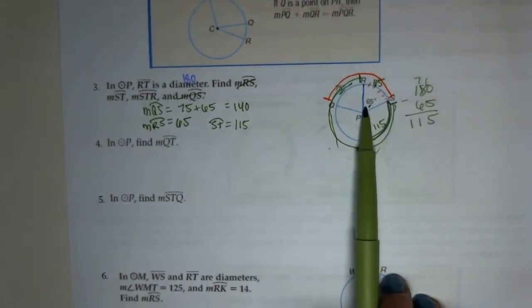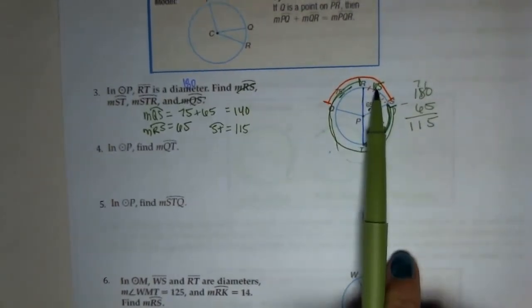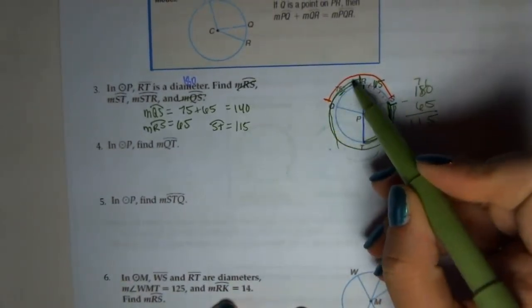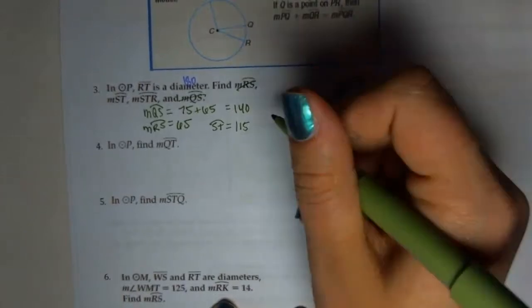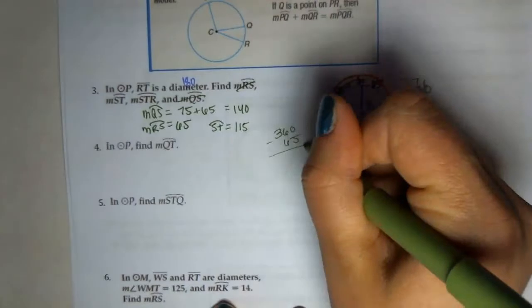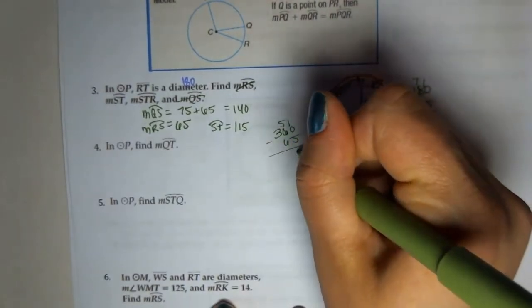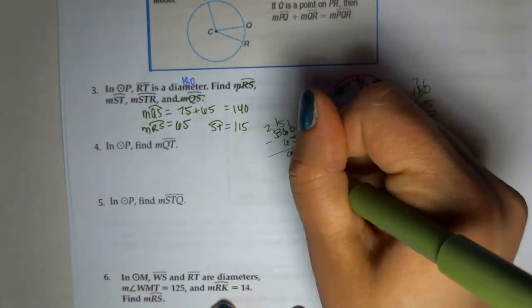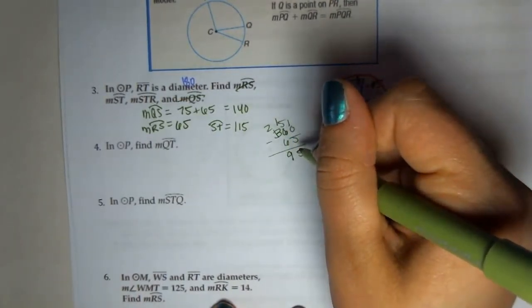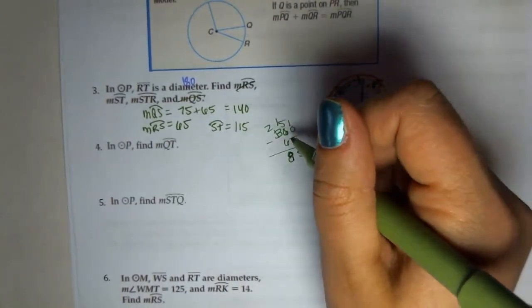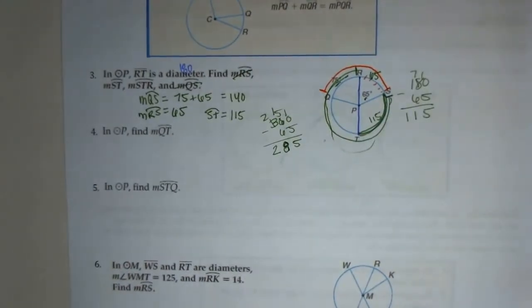If I know the central angle is 65, so the arc is 65, I can subtract 65 from 360 to get my major arc. See that? So I can do 360 minus 65. I'm going to double check that. 360 minus 65.